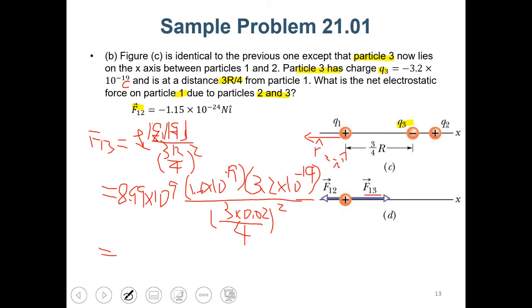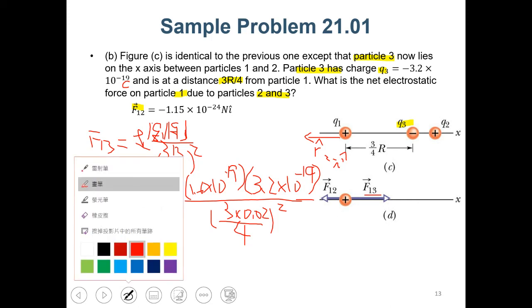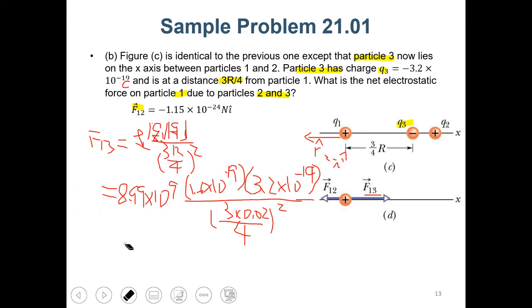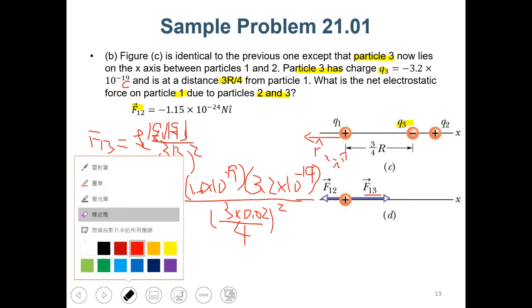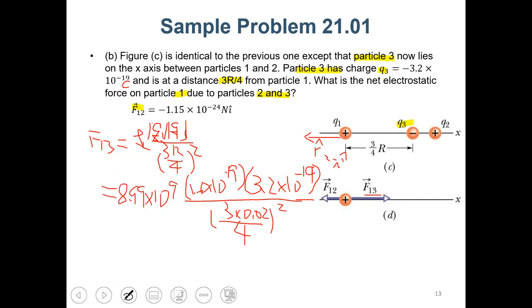So we know that it is actually 2.05 times 10 to the minus 24 Newton.